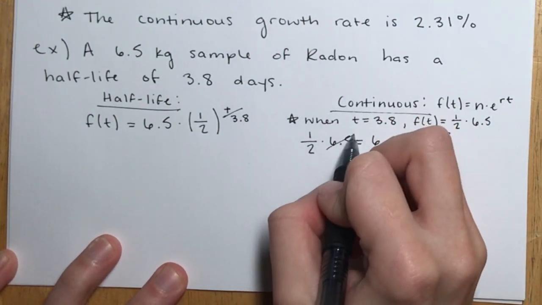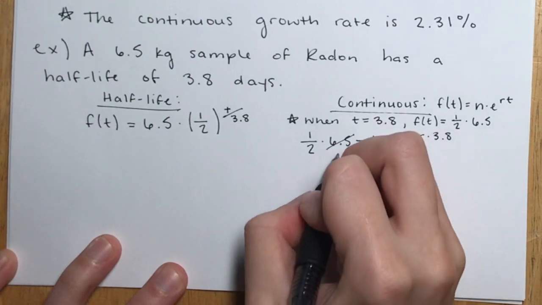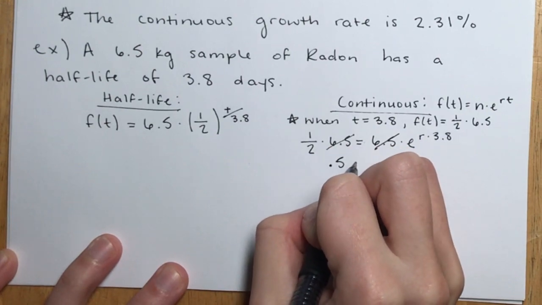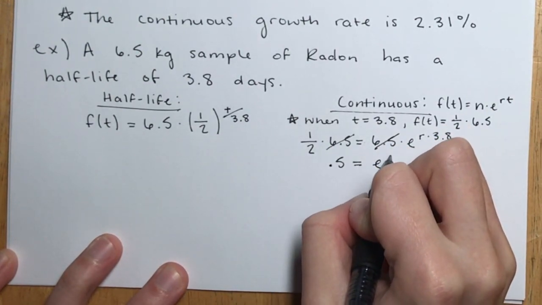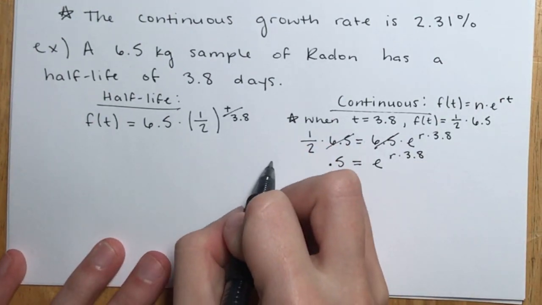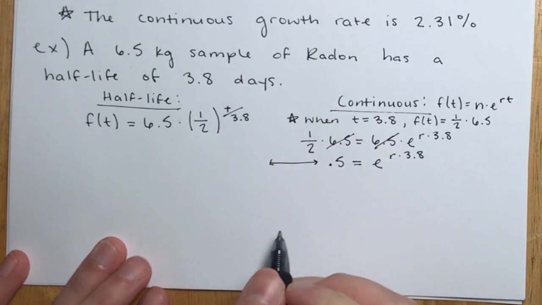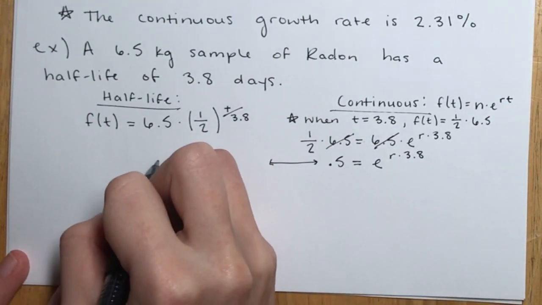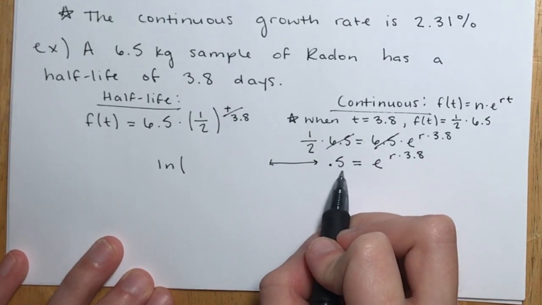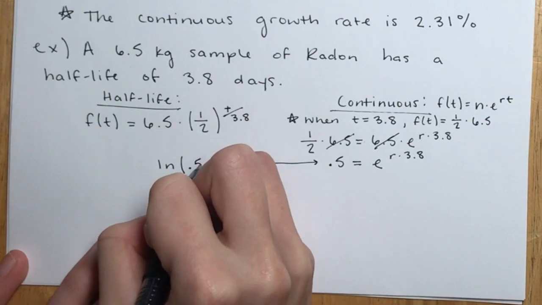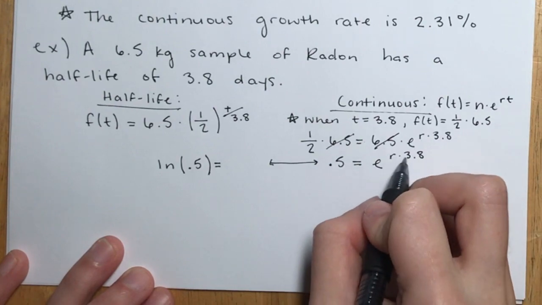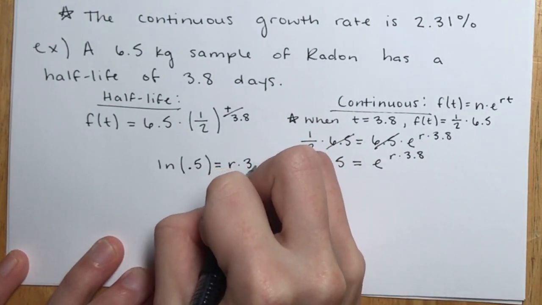We divide, these guys cancel. So we have, I'm going to change this to be 0.5 equals e to the r times 3.8. We write this in log form. Base to base, we have ln of our old output, which was 0.5, so that's our new input. Equals r times 3.8.